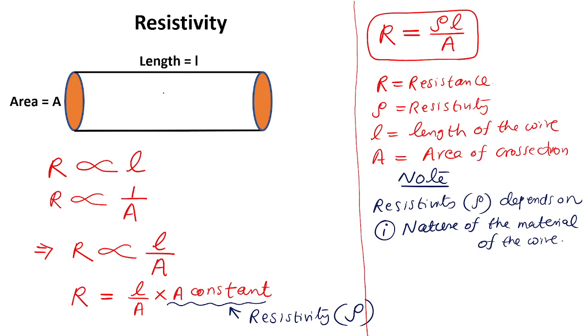Maybe it may be copper or it may be aluminum. So as the material changes, resistivity changes. The nature of the material means the element, is it copper or is it aluminum, like that.